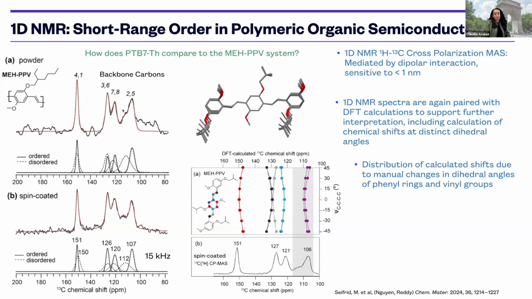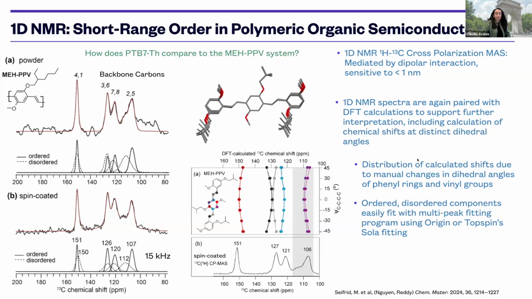So this is consistent with what they would expect in terms of the chemical shift range for more ordered versus disordered components. And then you can fit those components using your favorite multi-peak fitting program, Origin, or let's say Topspin Solo, which is what they use in this study. Right?